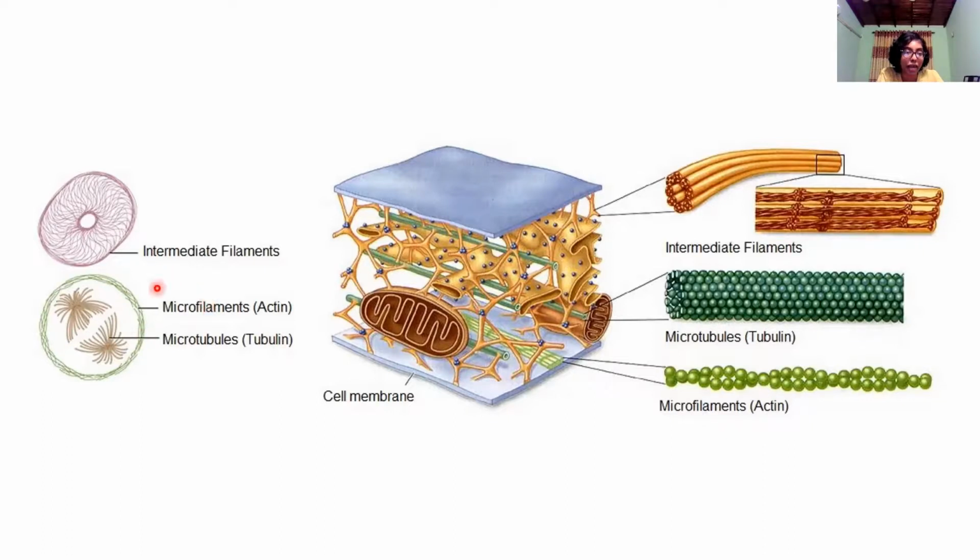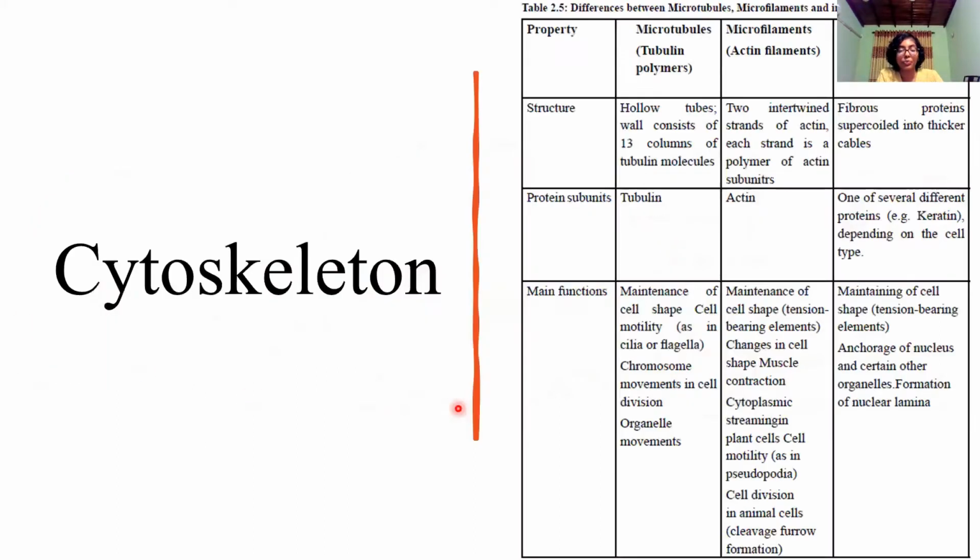After they are pulled apart, a cleavage forms so that the two cells are separated. It's formed by this microfilament, this actin. So this actin forms a cleavage and divides the cell into two. Here you can see cell division in animal cells, cleavage furrow formation, and also pseudopods. This is cell motility, cell movement. They form pseudopods. You all know about pseudopods, like in amoeba, which shows pseudopod activity.